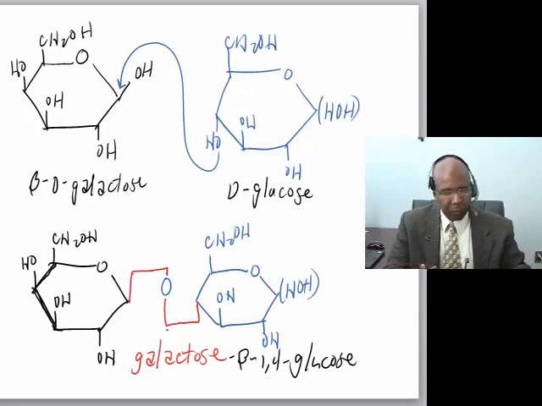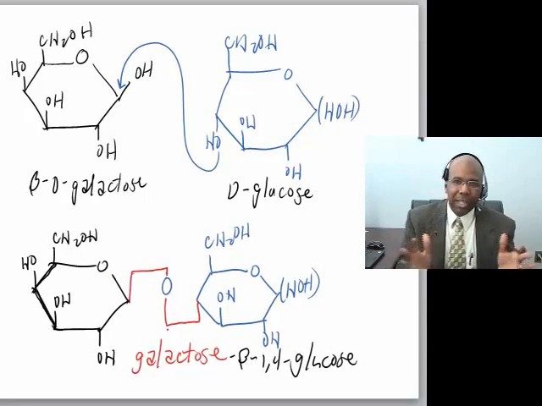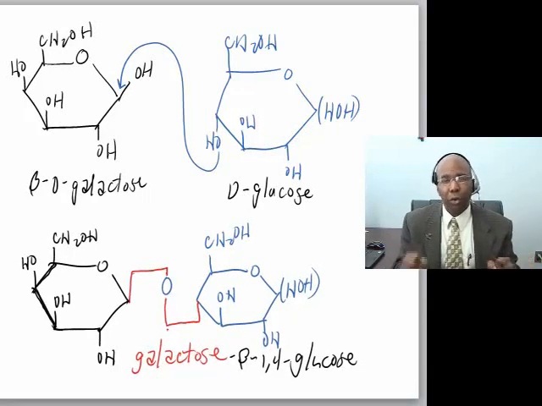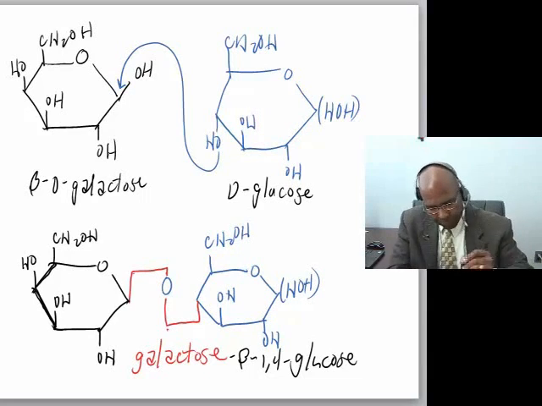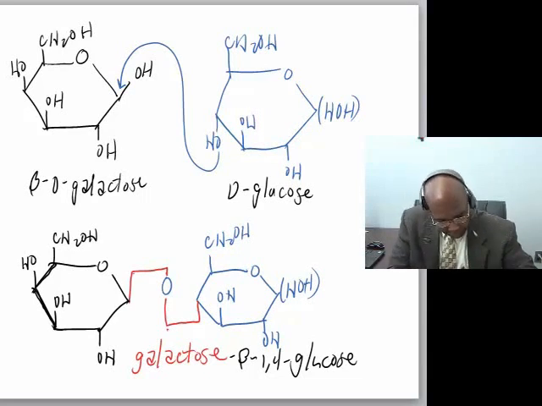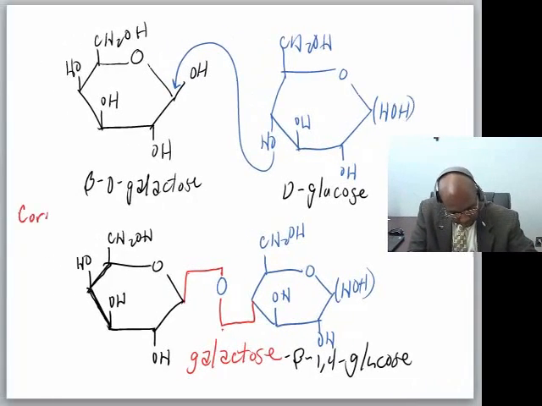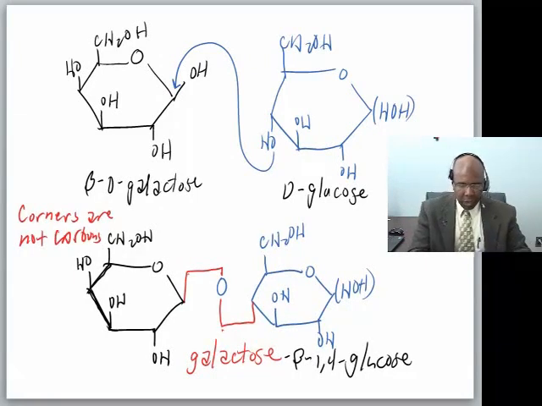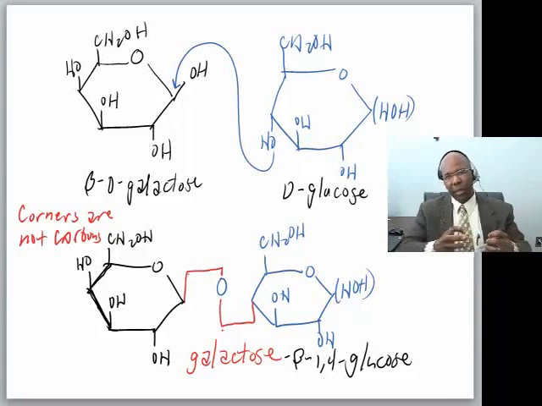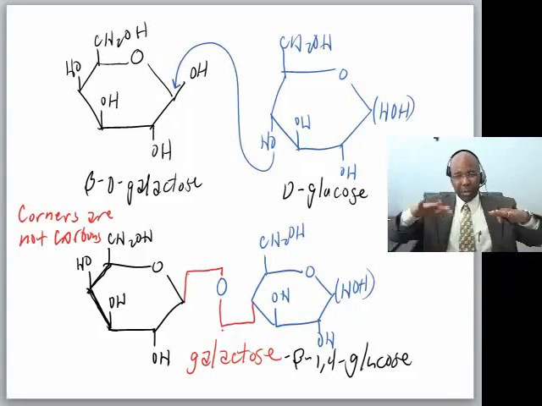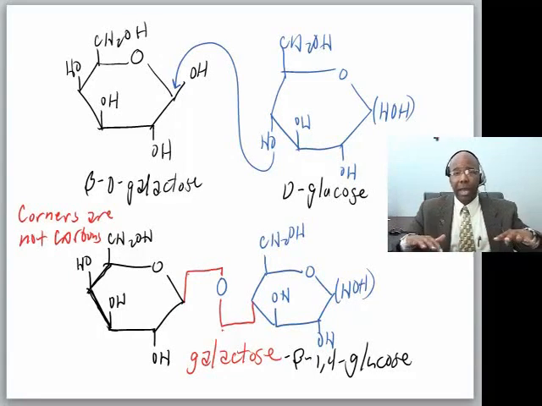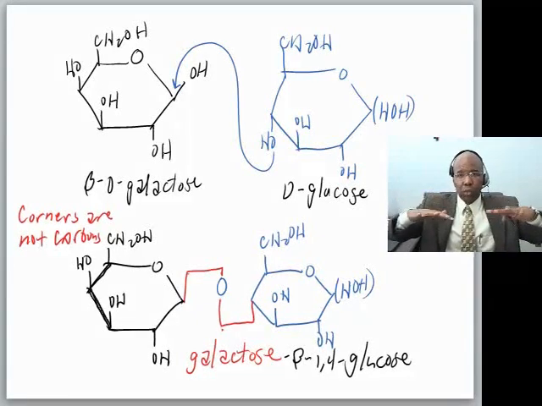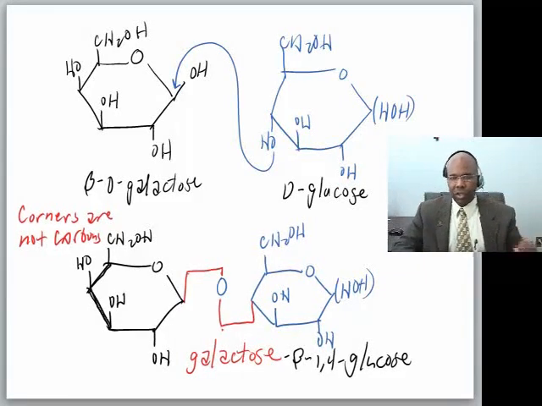But in bonds, corners are not carbons. Corners in glycosidic bonds, in bonds between sugars, are not carbons. So I'm going to put here: corners are not carbons. And so we just draw the bonds that way because it makes it easier to draw disaccharides. You can keep the two sugars at the same level and just make the bond fit.